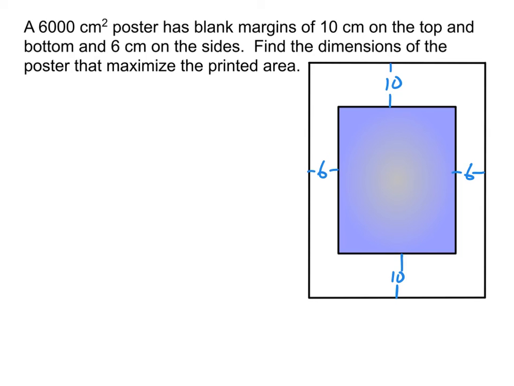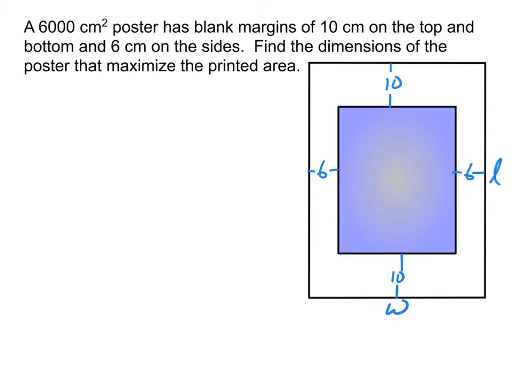So we want to find the dimensions of the poster that maximize the printed area. Well, let's start with the equation that involves the number we haven't used yet, the 6,000. That's the total area of this. We need some names for these sides then, don't we? Let's do W and L for width and length, just to be uncreative about it.